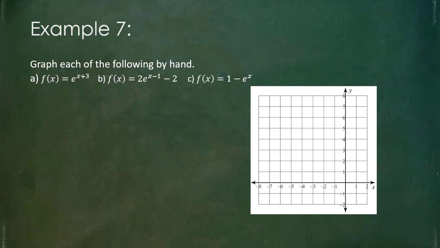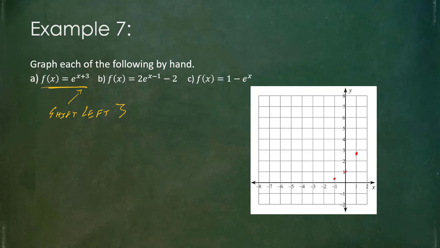So let's go ahead and practice a few more, just with different types of stretches or reflections or shifts. This first grid, I'm just going to do part A. So notice with this one, e to the x plus 3, that plus 3 right there would be a shift to the left 3 places. So I'd take all of my original points, which if I were to plot them again on here, would have been (0, 1), (1, 2.7), and (-1, 0.4-ish).